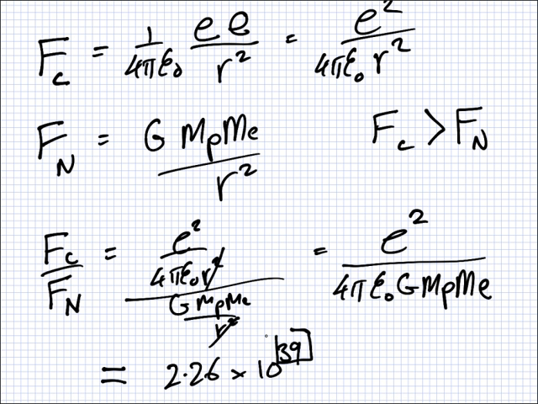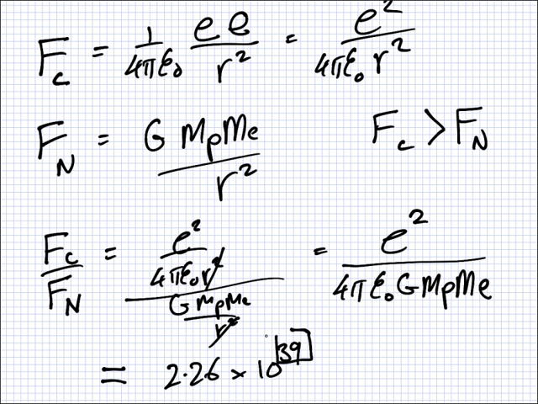That's a lot. Just to be clear, 1 order of magnitude is 10 to the 1, which is 10 times bigger. 2 orders of magnitude, 100 times bigger. 3, 1,000. 6, 1,000,000. 9, 1,000,000,000. 12, 1,000,000,000,000. We still have to get up to 39.